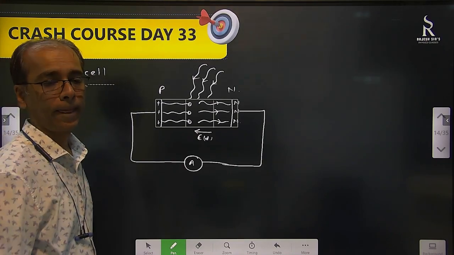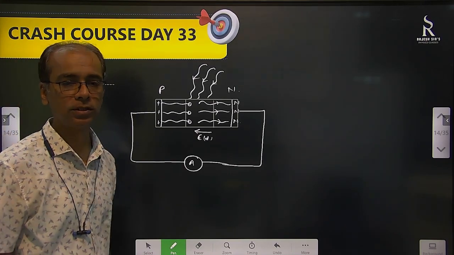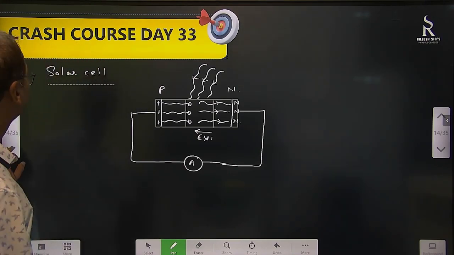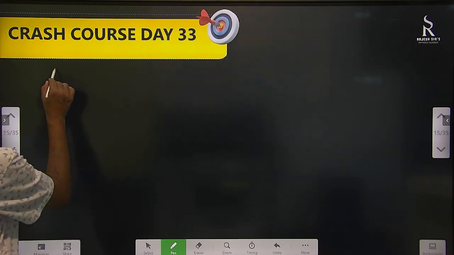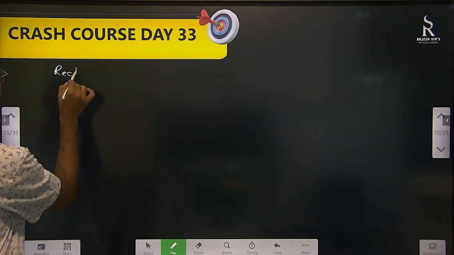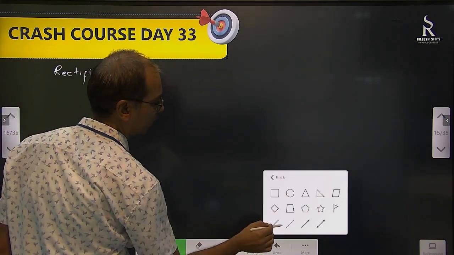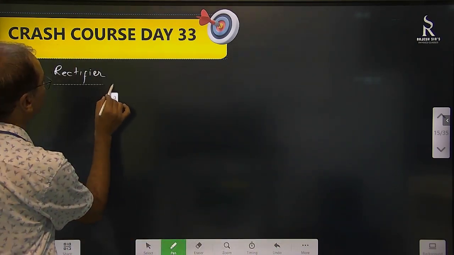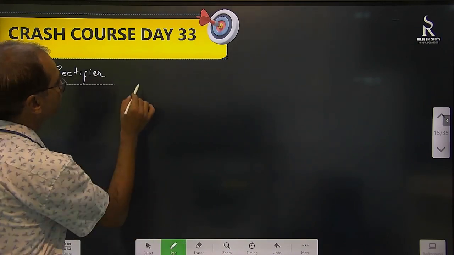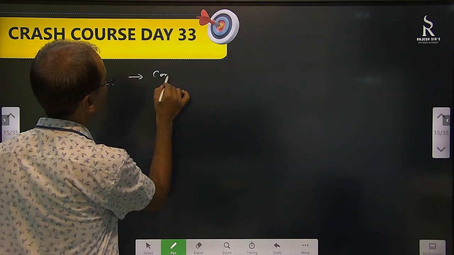Then what are the other applications, other uses? Another is the rectifier. Now what is a rectifier? A rectifier is a device which converts AC to DC.